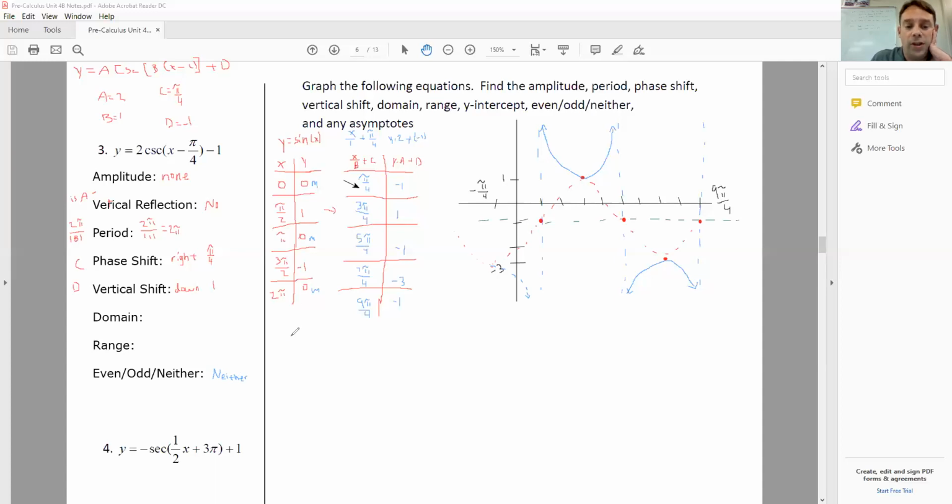The y-intercepts, this is when my x value is 0. Now this time it didn't work out pretty. I'm not going to have a pretty answer for my y-intercept. That's okay though. We're just going to evaluate the unit circle on this.